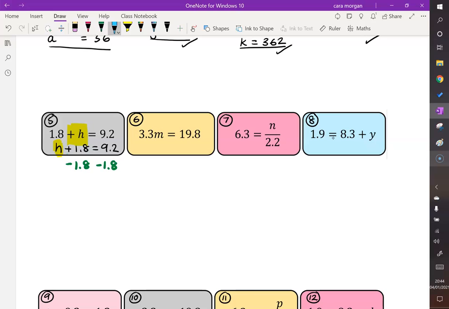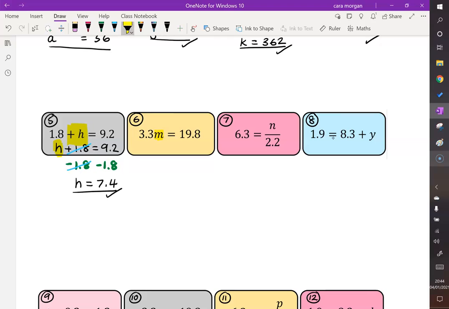That means that positive 1.8 and the negative 1.8 cancel out, and I'm left with h is equal to 9.2 subtract 1.8, which is 7.4. I might just double check that 1.8 add 7.4 is 9.2 and mark it as correct before I move on.